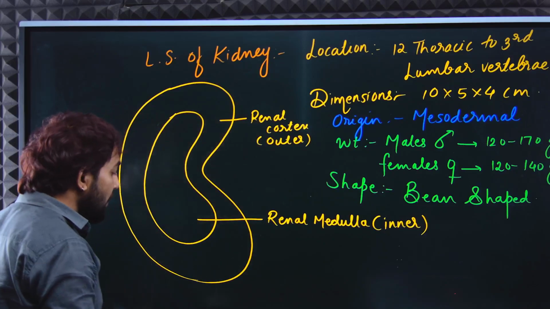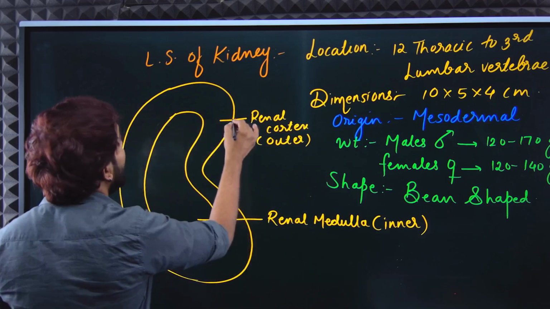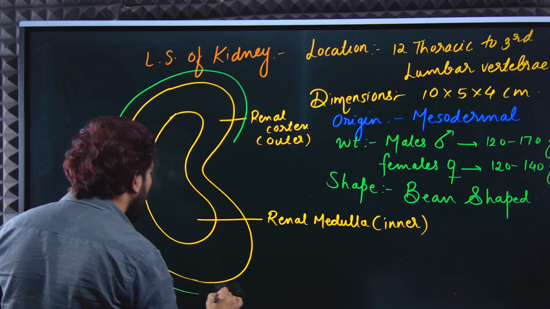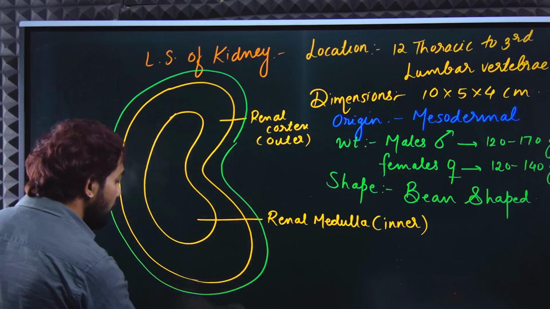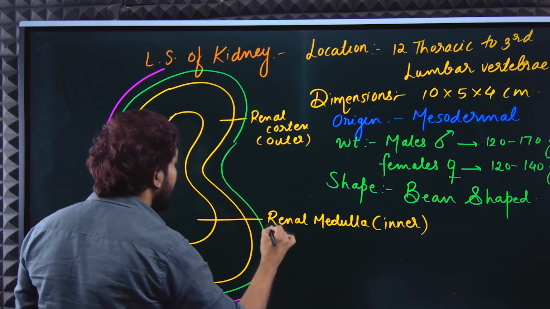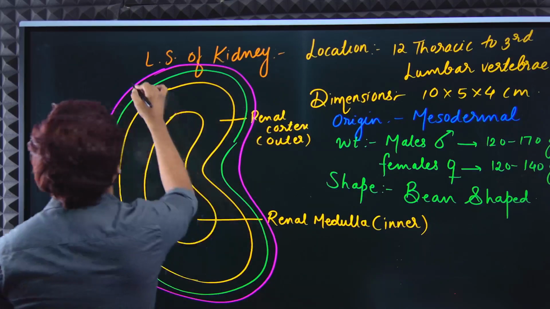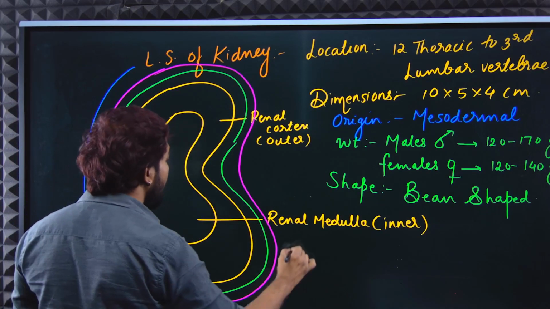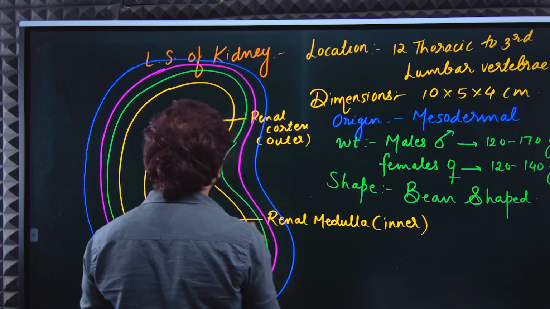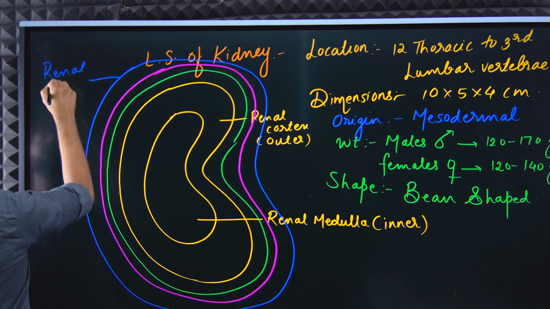Then the next thing, here you have certain structures. This is number 1. This again we will take with another color. This is number 2 layer in the pink, and this one in the blue, the 3rd layer, is called renal fascia.